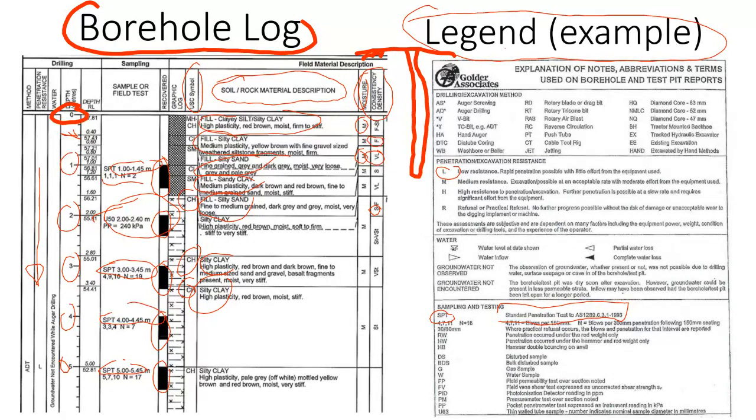Sometimes if it's very soft material, you do just one blow, and it can go even through 15 centimeters. It's not very common, but it can happen. But typically, you will see here in this borehole log there's 1, 1, 1, which is very soft material at the depth of 1 meter.